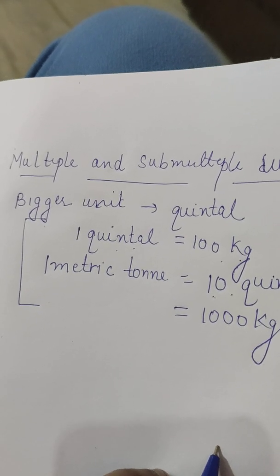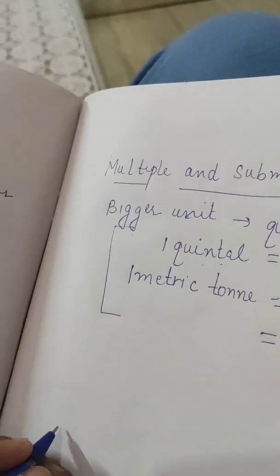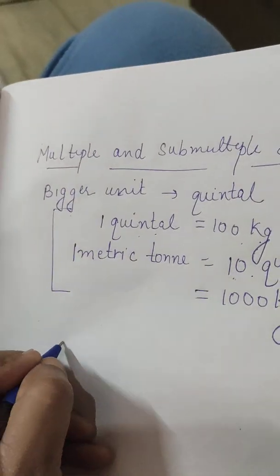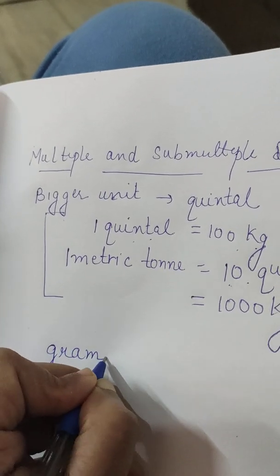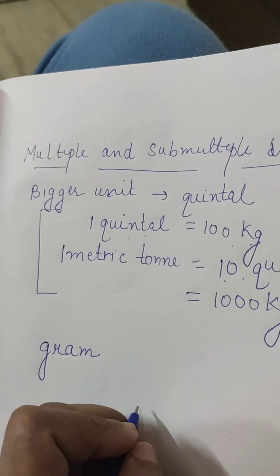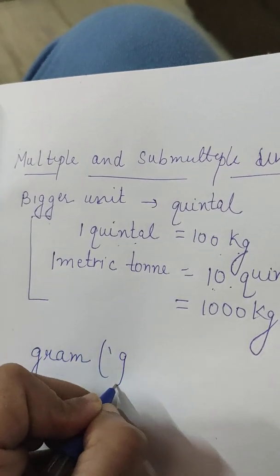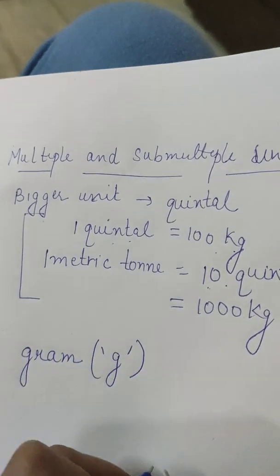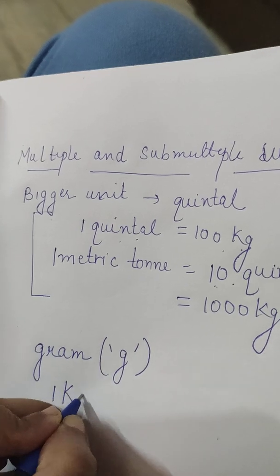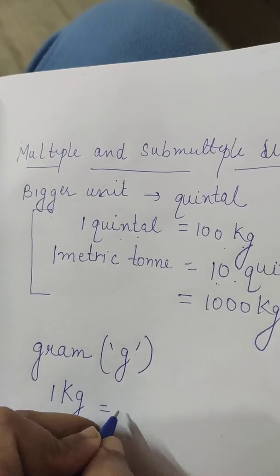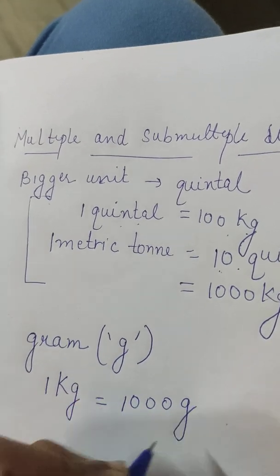Next we have the smaller units. The smaller unit, as you are all familiar with, is the gram. It is denoted with a small letter g. And we know that 1 kg is equal to 1000 grams.